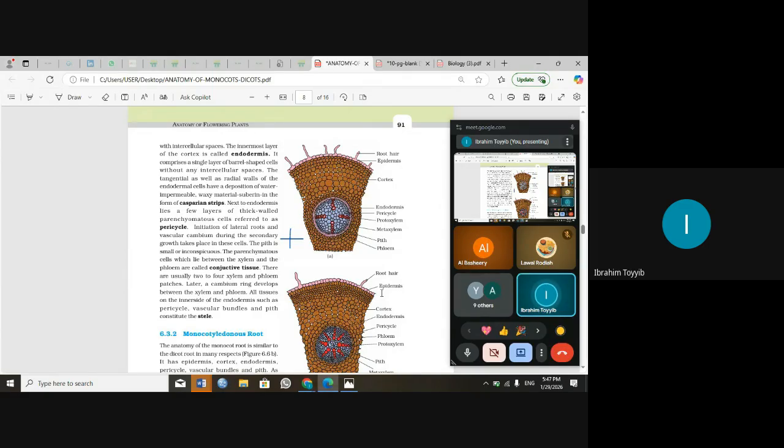Why phloem? What's the function of phloem? Phloem translocates manufactured food from the leaf, because that's where the food is being manufactured through photosynthesis. Phloem transports the manufactured food from the leaf to the root and other parts of the plant. Now there's something very, very important.